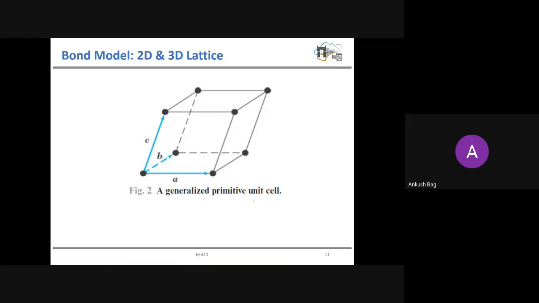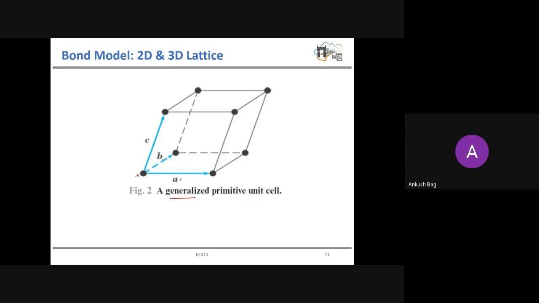Now this is a three-dimensional overview of your primitive unit cell, the semiconductor unit cell. It typically has these three constants. This is again the lattice constant, because essentially these are all atoms. So one atom, two atoms, and the distance between two atoms is the lattice constant, which is a. This is a generalized primitive cell.